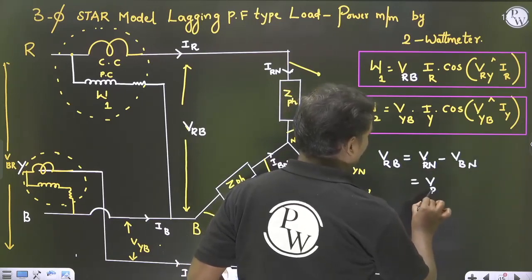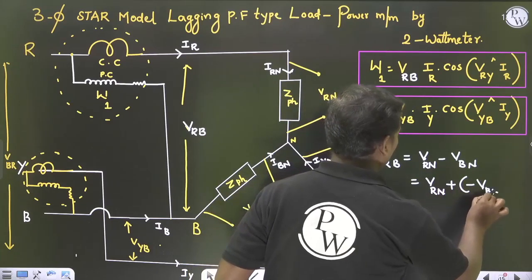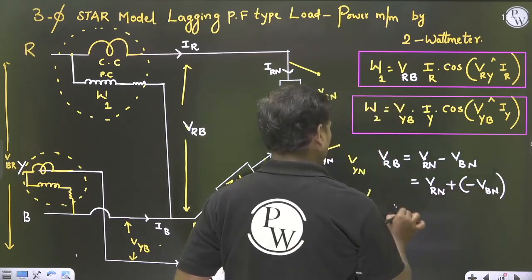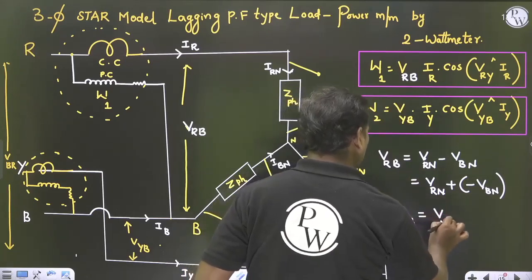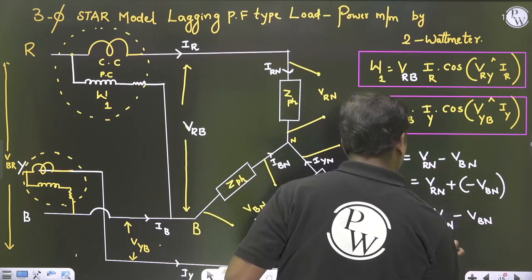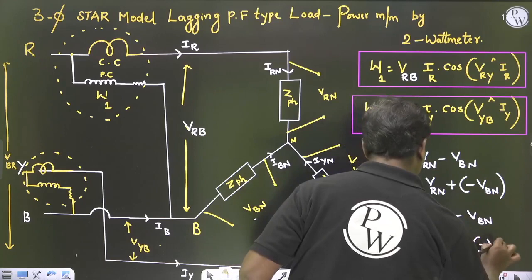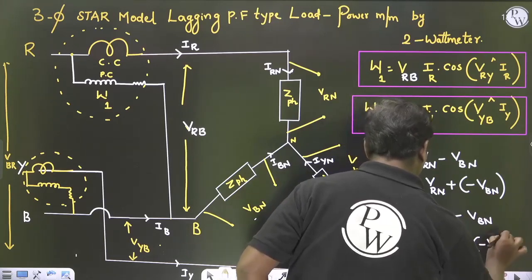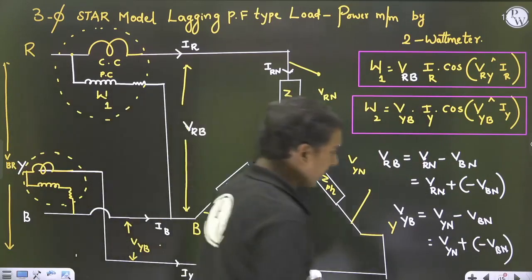That means it's a vector addition of VRN plus negative VBN. Similarly, VYB can be taken as VYN minus VBN. So this will be VYN plus negative VBN. Okay, so now you will get the correct result.